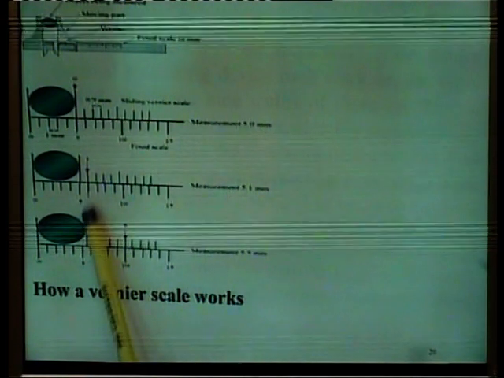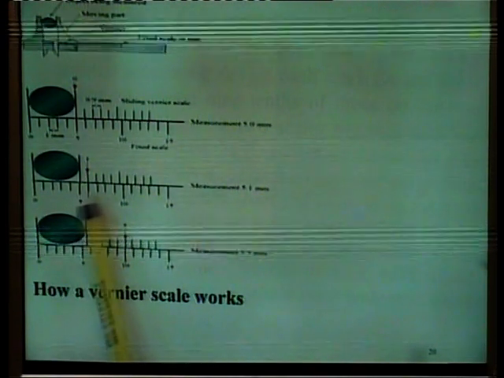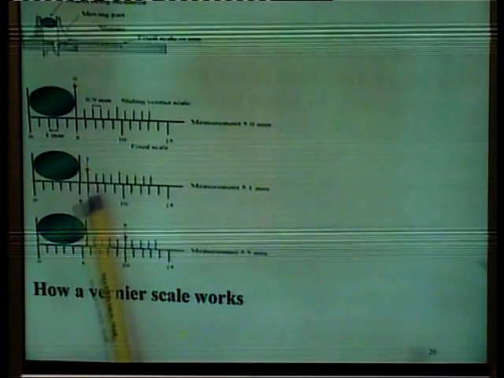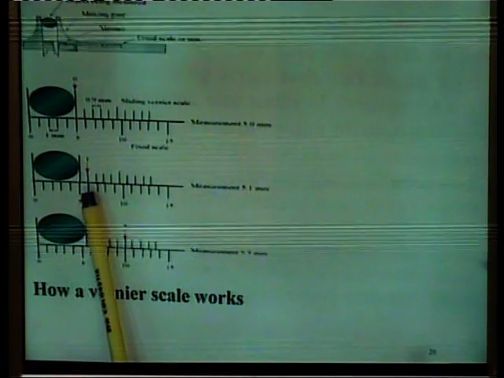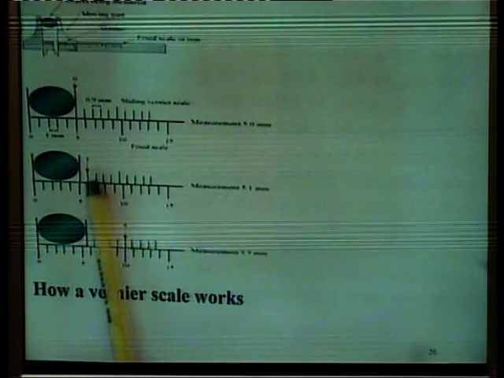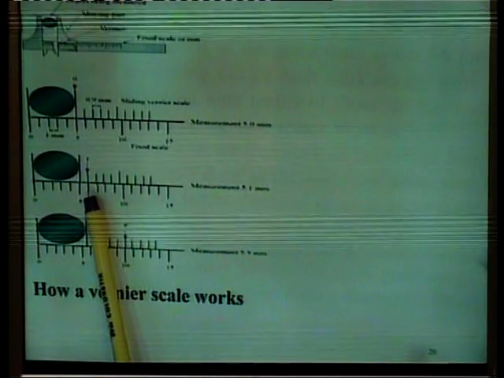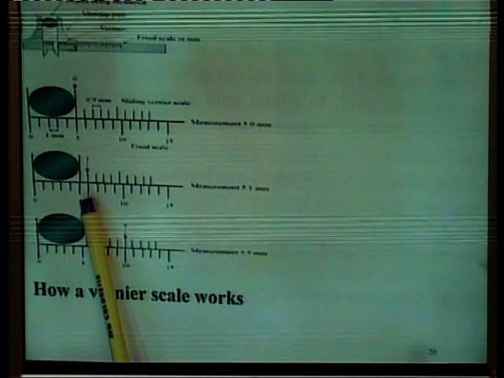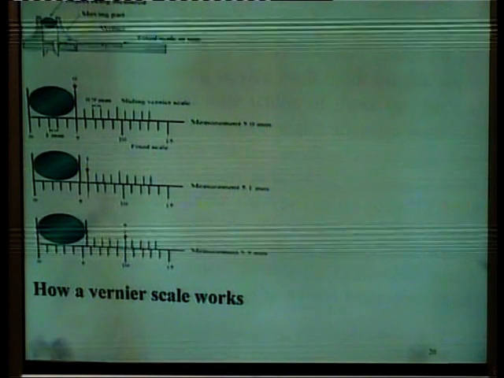In the second case, the reading is 5.1 mm, as the 5 on the main scale is just to the left of the 0 of the vernier scale, and the reading 1 is matching with the first reading of the fixed scale. So the total reading comes out to be 5.1 mm.